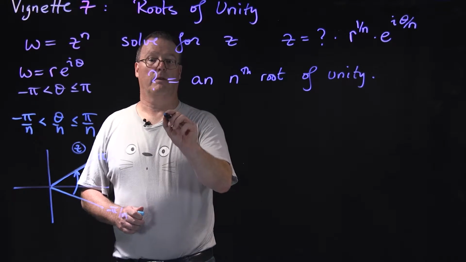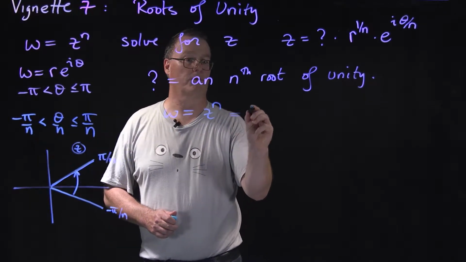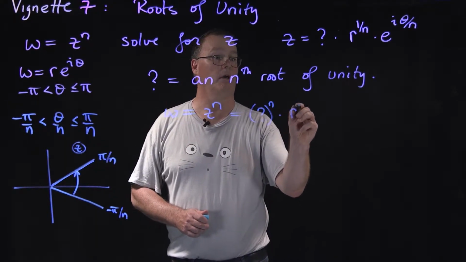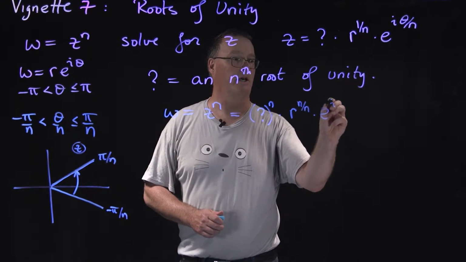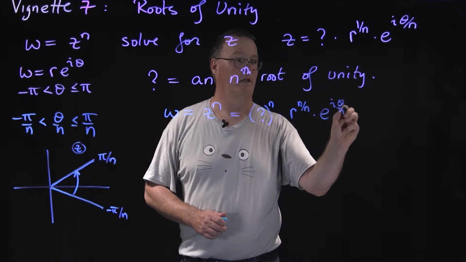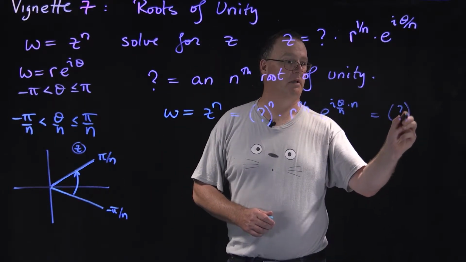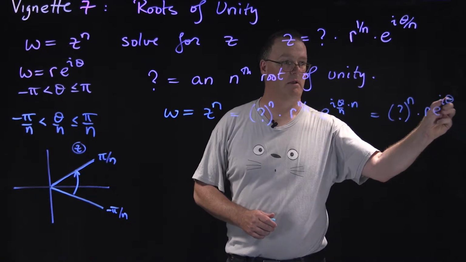So w is supposed to be z to the power n, which is going to be question mark to the n, times r to the n over n, times e to the i theta over n times n, which is going to be question mark to the n times r e to the i theta.